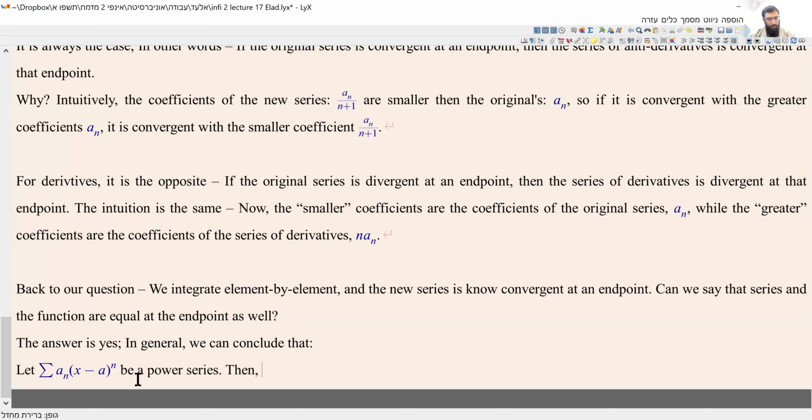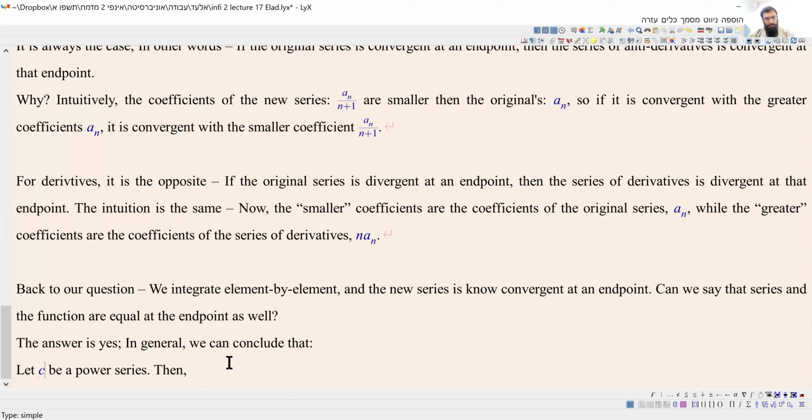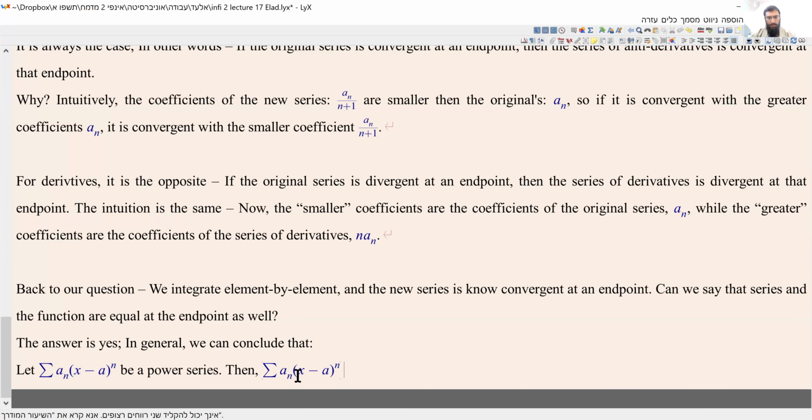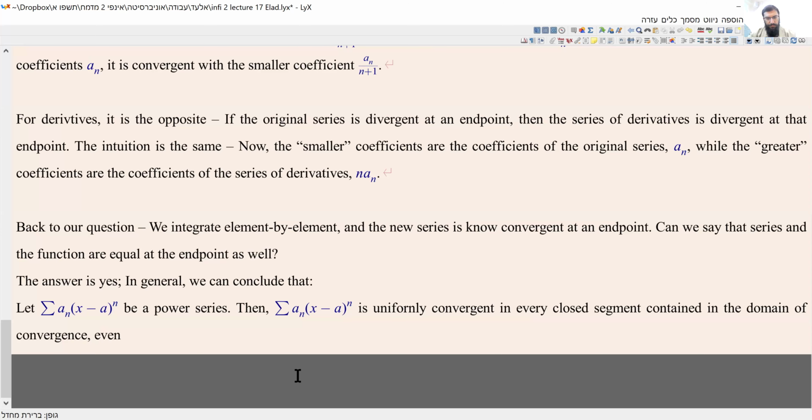Then the series is uniformly convergent in every closed segment contained in the domain of convergence, even if it is containing endpoints, or even with endpoints.